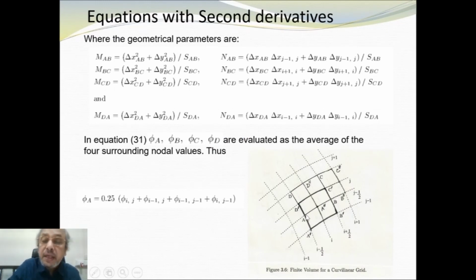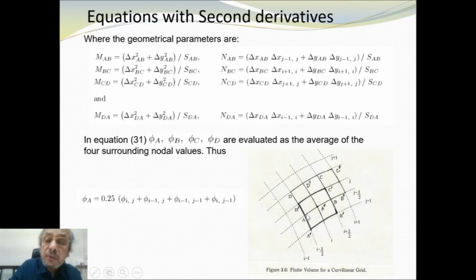Like phi A: it is not ij, or j minus 1, or i minus 1, or i plus 1, j plus 1. It falls here, which is basically i minus half and j minus half, right? So this is the intersection between j minus half and i minus half.